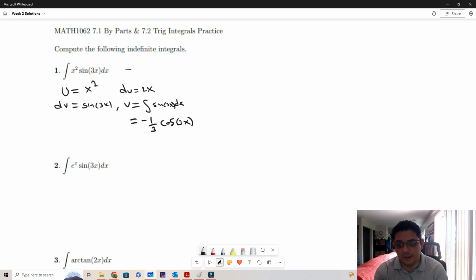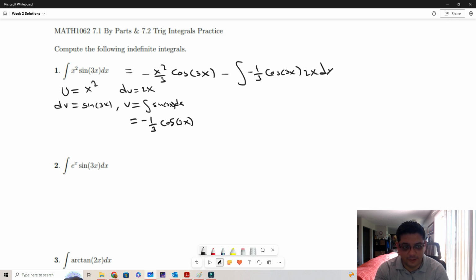Now, when we use this formula, we do u times v. We will get minus x squared over 3 cosine of 3x, and then minus the integral of v du. And so again, we have here 1 over 3 cosine of 3x, and the du is going to be 2x, so times 2x dx.